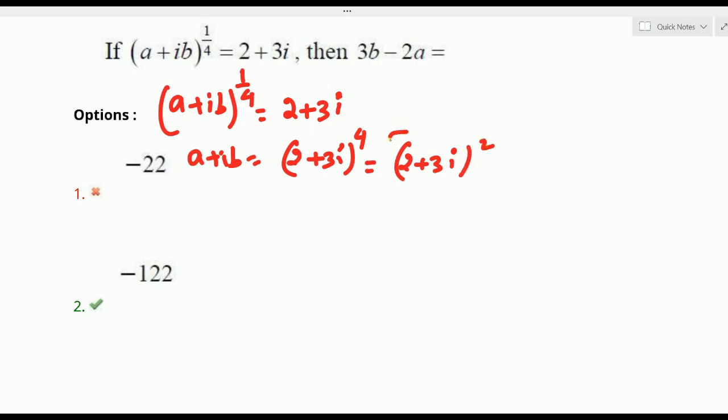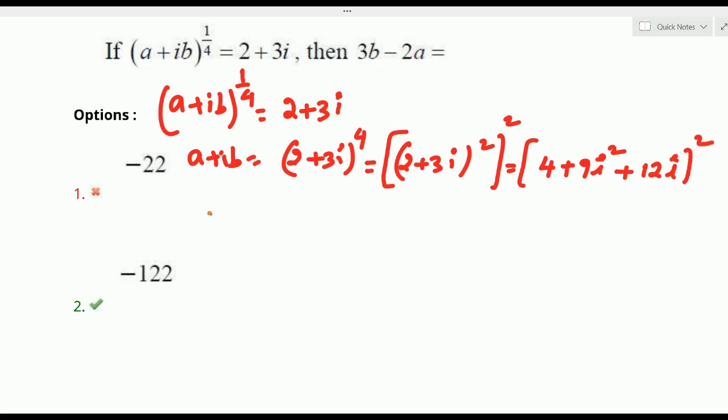Okay, now we have to do the simplification. First, you can observe that (2 + 3i) whole square is 2 square, that is 4, plus 3 square i square, that is 9i square, plus 2ab, that is 2 into 2 into 3, which is 12i. The whole thing is squared again.